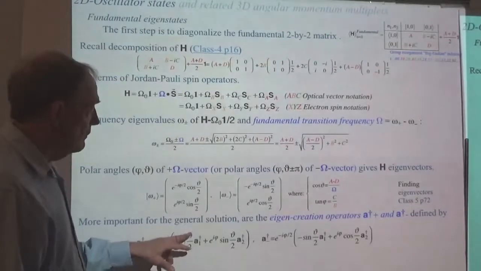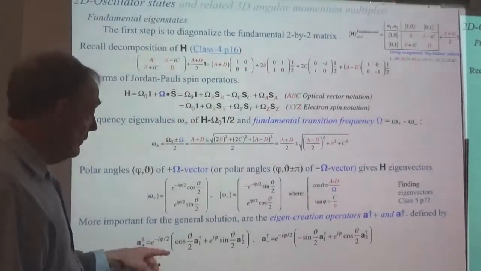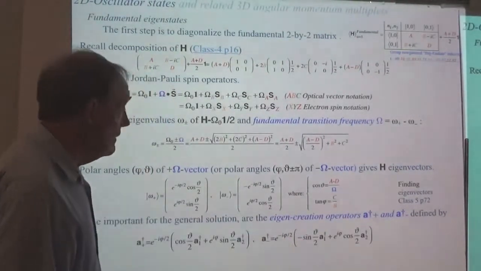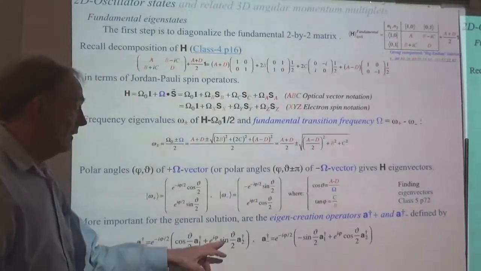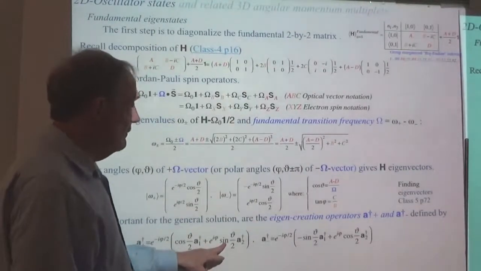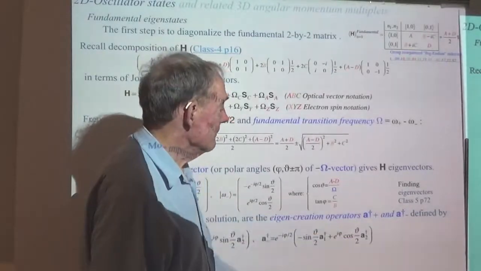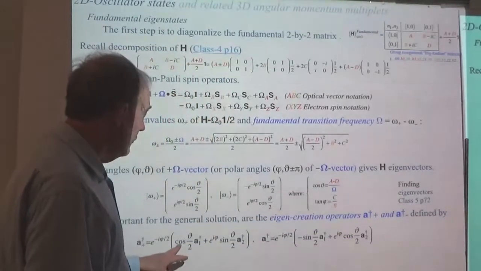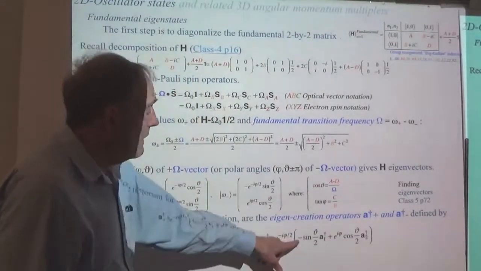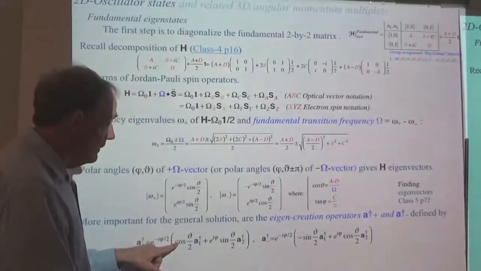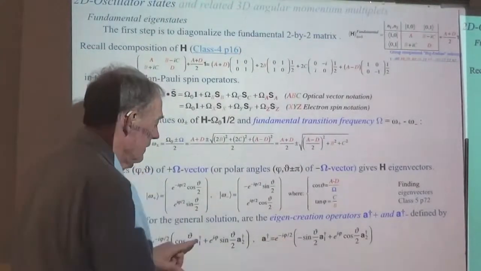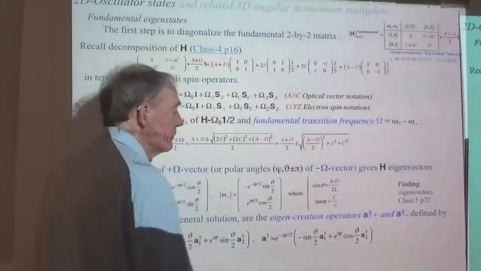The polar angle goes up by 180 degrees, and so that makes this into that. And then this thing right here, the sine of theta over 2 goes to a cosine. Okay? So you get an extra plus and minus sign, and then you get the transfer of a cosine into a minus sign and a sine into a plus cosine.